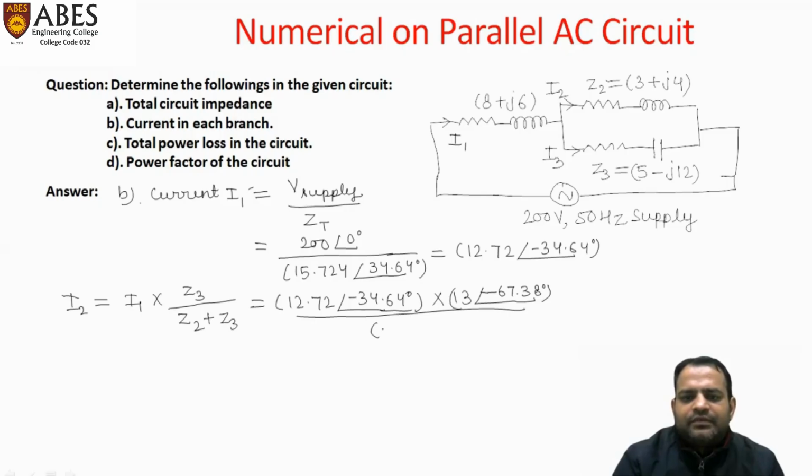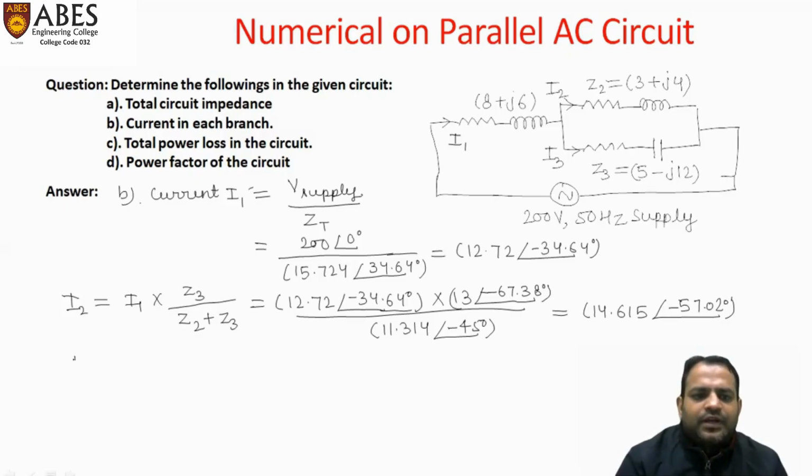Z2 plus Z3 is 11.314 at an angle minus 45 degree. After calculating this, we are getting the I2, 14.615 at an angle minus 57.02 degree.